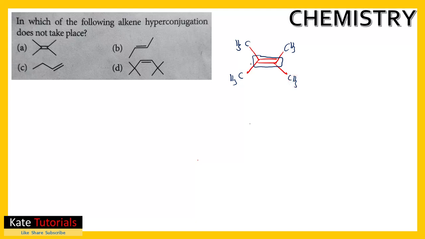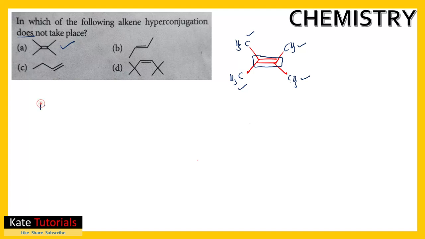Whenever this alkene is there, the next carbon, if it has hydrogens, then those can easily show hyperconjugation, right. So here these three hydrogens can show hyperconjugation, these three and these three. So A will show hyperconjugation effect. They have asked which does not show hyperconjugation, right.